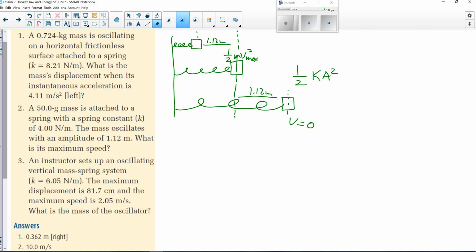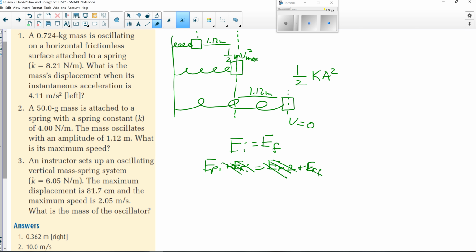Okay? So I would set it up as a conservation of energy question, saying that my initial energy would be EP initial plus EK initial equals EP final plus EK final. But right away, I know there's none of that and none of that.